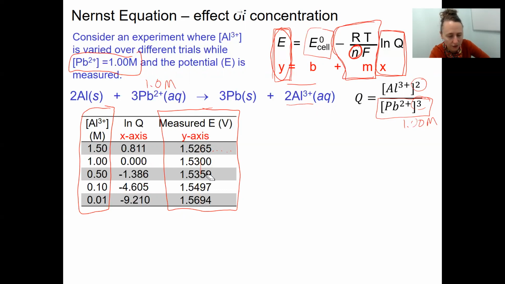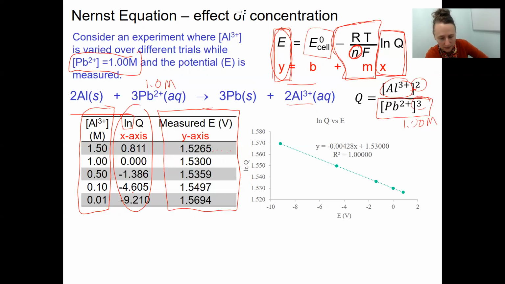But I'm trying to give you good data in your example. All right, so I did my experiment, and now for my graph, I need the natural log of Q. So I'm going to find Q by taking the concentration and squaring it, and then I have to take the natural log of that number. So that's where I got these numbers, and I'm going to create a graph.